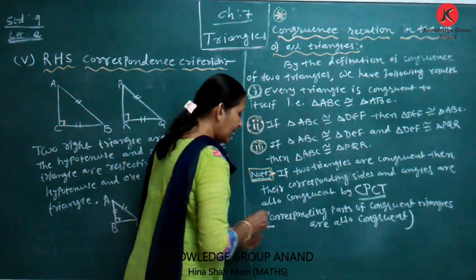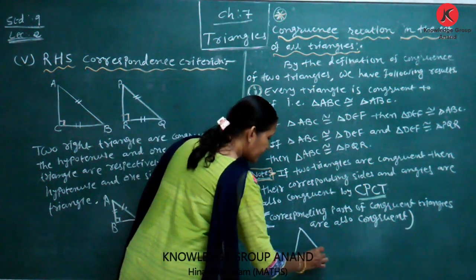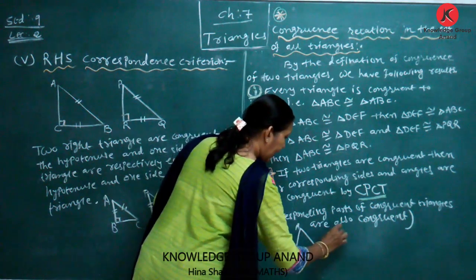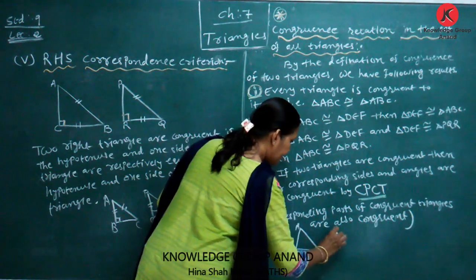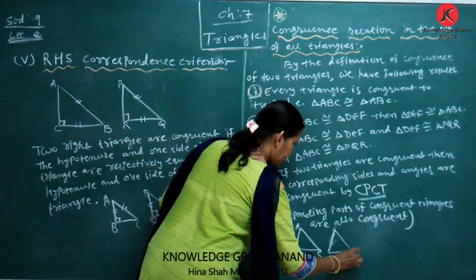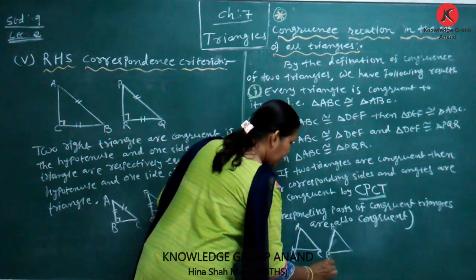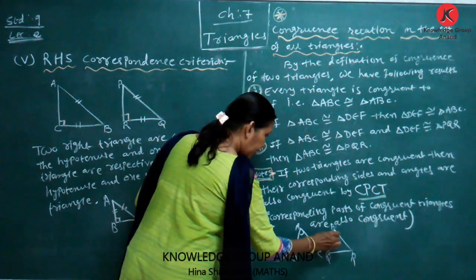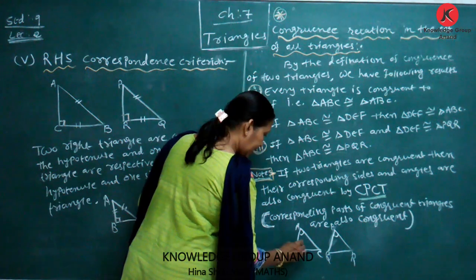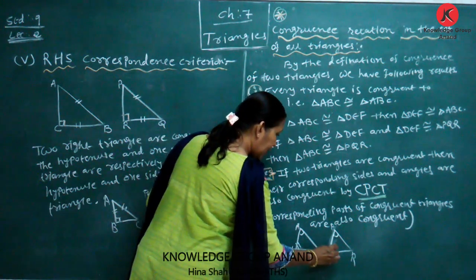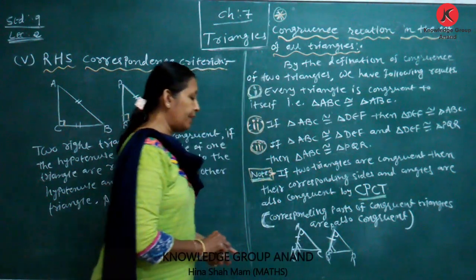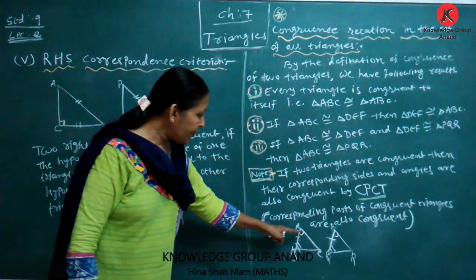Suppose here are two triangles, for example ABC and triangle PQR. Angle A congruent angle P, angle B congruent angle Q, and AB congruent PQ. Then which criteria?